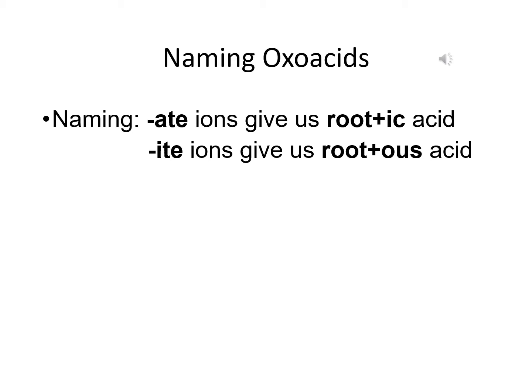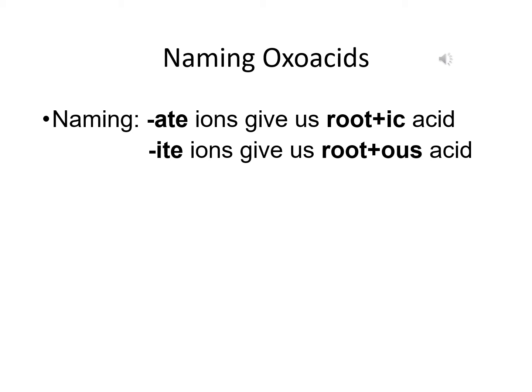For chlorite and ite ions, we follow the same pattern of adding a hydrogen for each negative charge. So we see here HClO2 is the formula of the acid, and anions with the "ite" ending give us an acid name with an ous ending, ous acid.